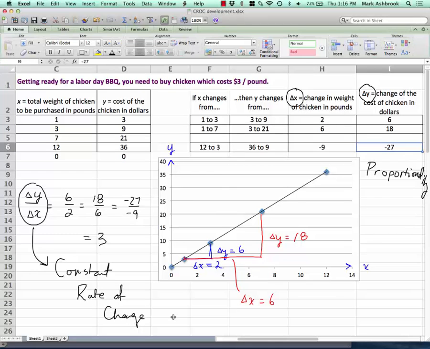Proportionality of the changes in two quantities gives us constant rate of change, and so the graph turns out like, how will the graph turn out? A line, straight. If you have proportionality of the changes, you get these similar triangles, and all those points follow a line. That's constant rate of change.